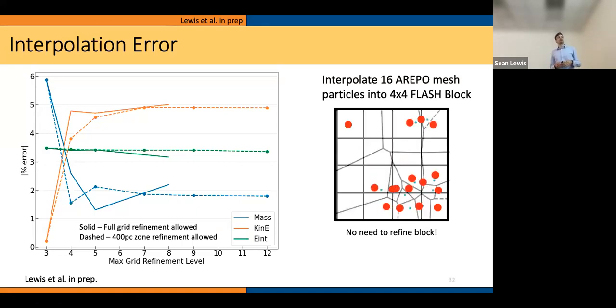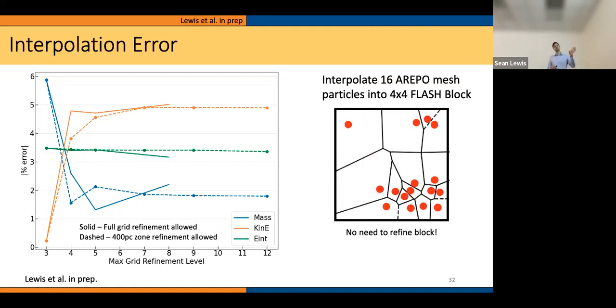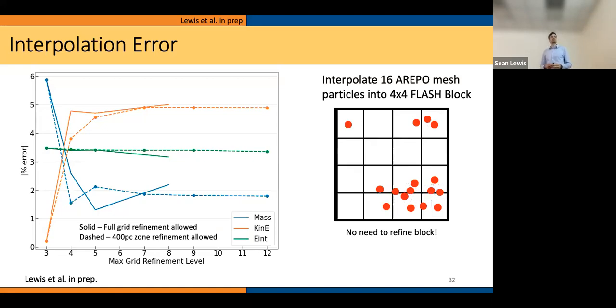But if instead we had a distribution of Arepo mesh particles like this, it's still, at least from Flash's perspective, an appropriate set of particles within a single block. All Flash knows is the total number of Arepo particles inside of the block. So as long as that total number of particles is 16, Flash thinks this is fine. We can continue with interpolation. But remember, each cell only gets the data from the Arepo data point that is closest to it.